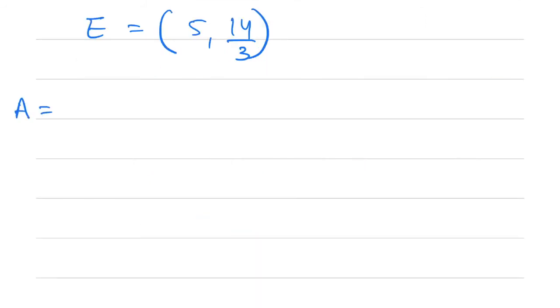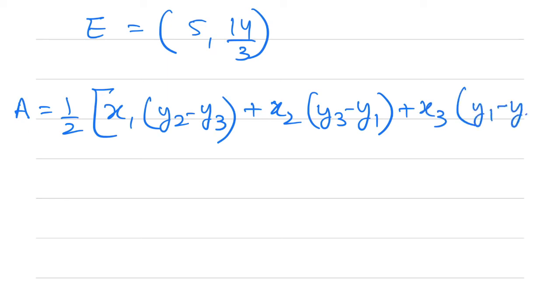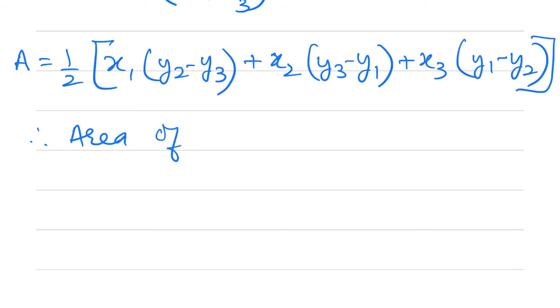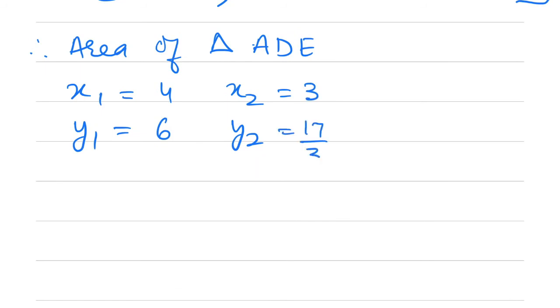Area of the triangle is half into [x1 into (y2 minus y3) plus x2 into (y3 minus y1) plus x3 into (y1 minus y2)]. For triangle ADE, we have the coordinates (x1, y1) is equal to (4, 6), (x2, y2) is equal to (3, 17 by 3), and (x3, y3) is equal to (5, 14 by 3).